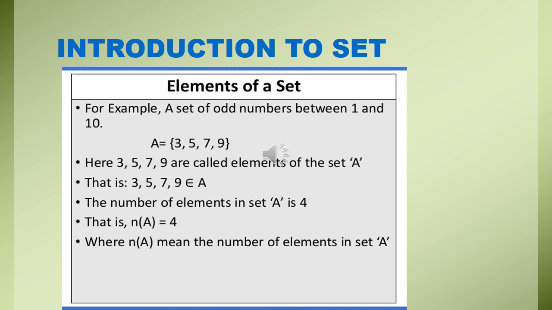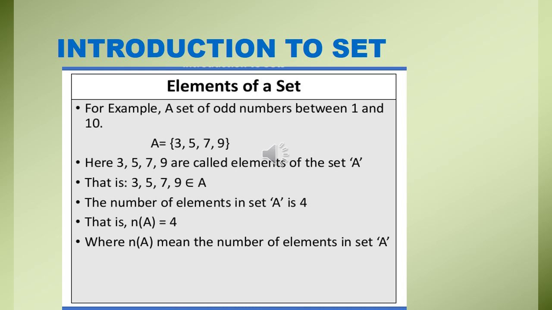And one more thing which I want to tell you, that if they have asked you how many elements are in a set, you have to show it by small n. This small n shows the number, and then you have to place a bracket, and within the bracket you have to write the set name. Here which set is given to you?